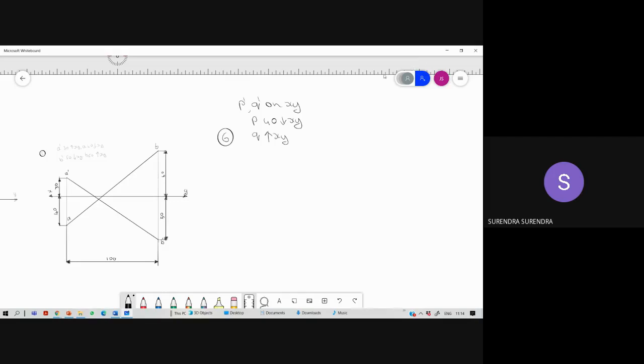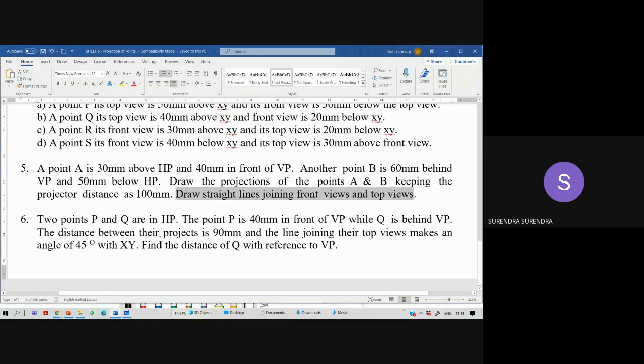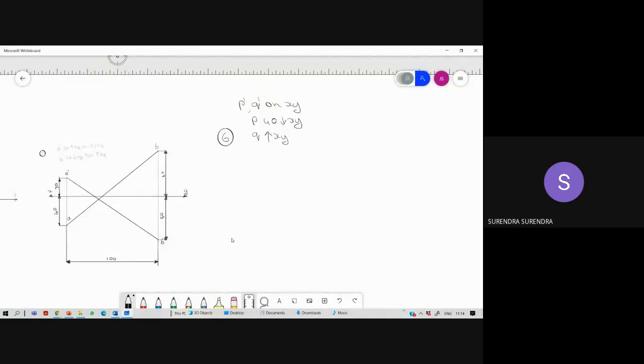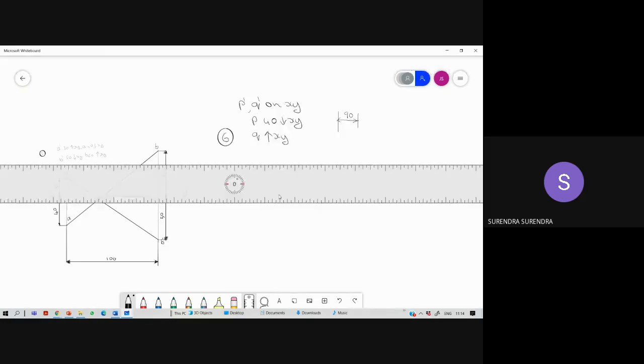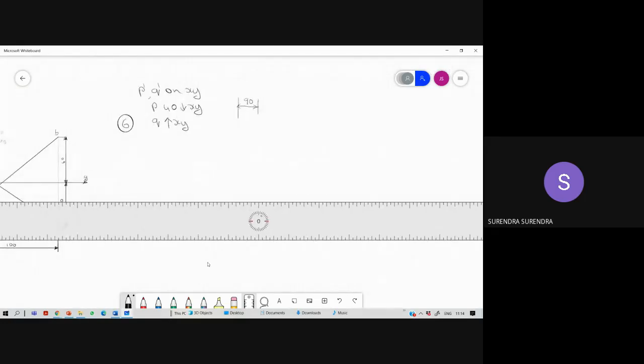Top view of point P is 40 mm below the XY line. Along with these four, the distance between their projectors is also given as 90 mm. So the distance between PP dash and QQ dash is 90 mm. In the previous problem it is 100 and in this problem it is given as 90 mm. So let us start the problem with the XY line.